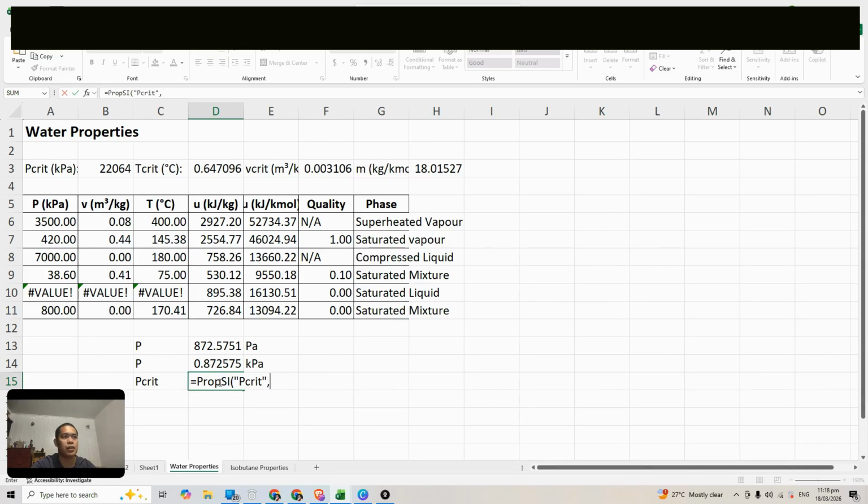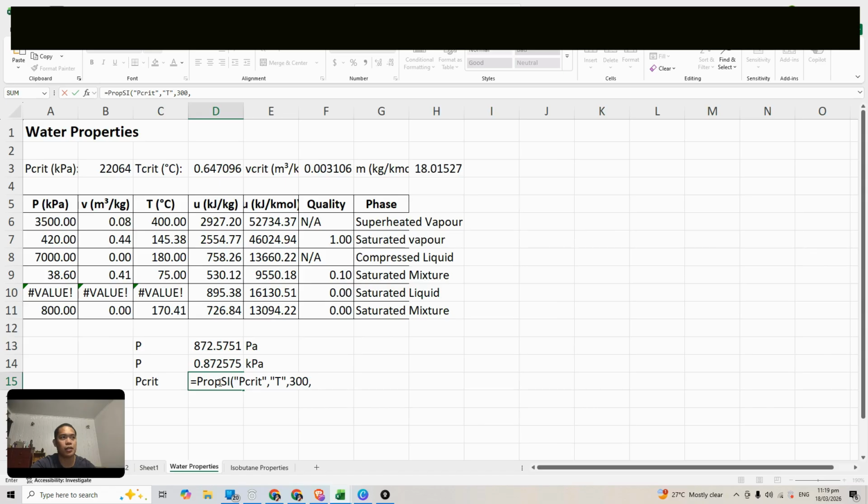Then comma. Let's say we just need to put a dummy temperature on this one. So let's put T. Because water's critical pressure is always constant, it's not going to change depending on the temperature, because one way or another it's on that pressure, so we can just place a dummy number. Let's say for example 300.